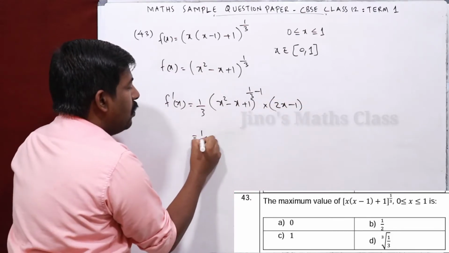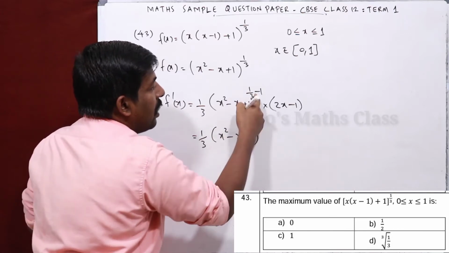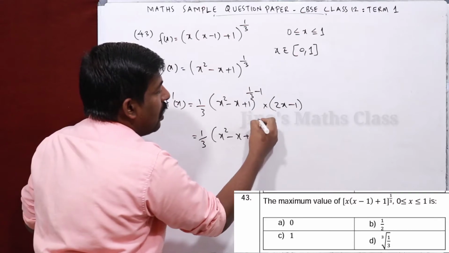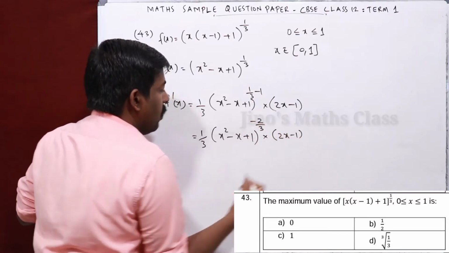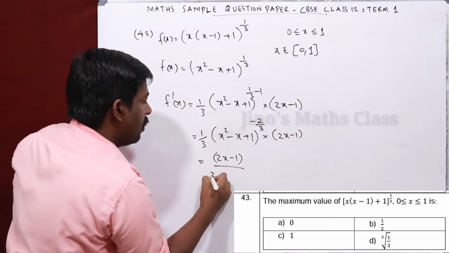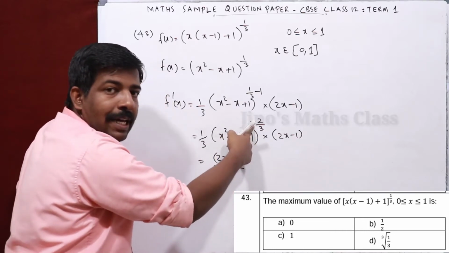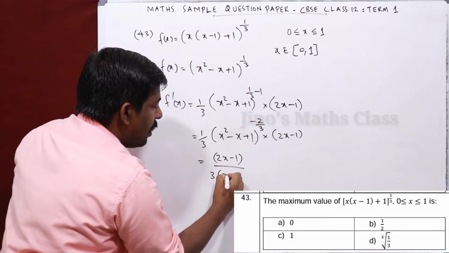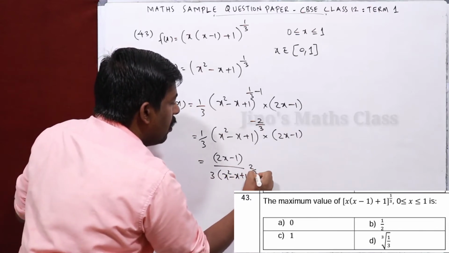That is equal to 1 by 3 into x square minus x plus 1. Here 1 by 3 minus 1 means we are getting minus 2 by 3. Then into 2x minus 1. That is equal to 2x minus 1 by 3 into, here we can take it to the denominator because the exponent is negative, so we can write it as x square minus x plus 1 to the power 2 by 3.